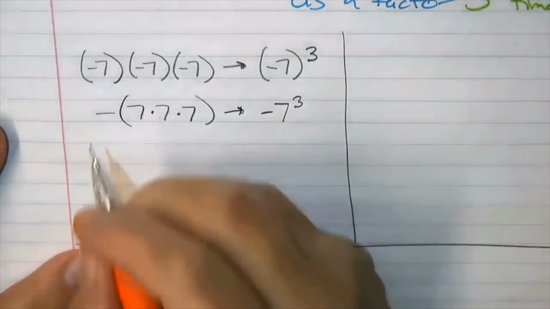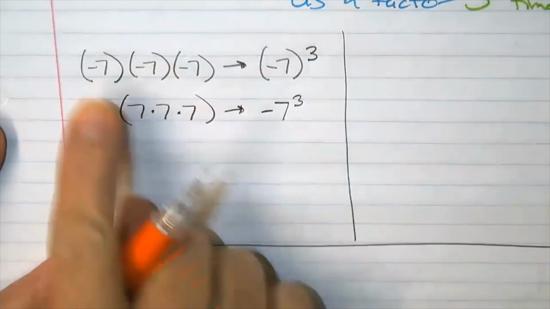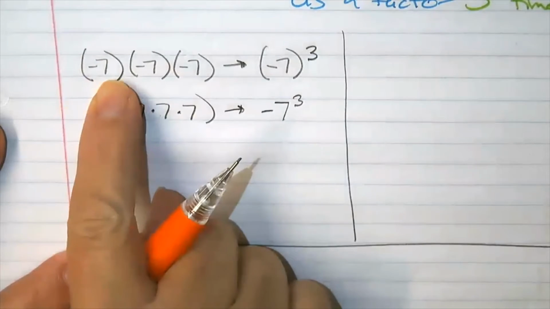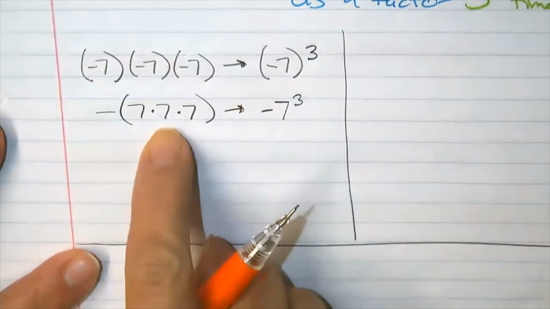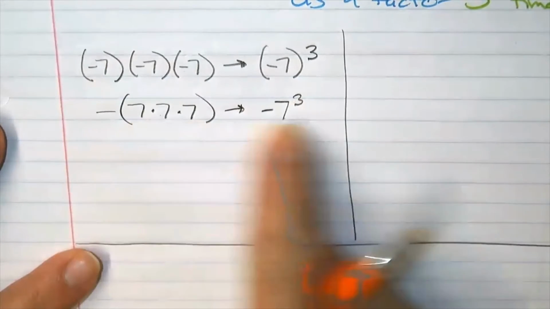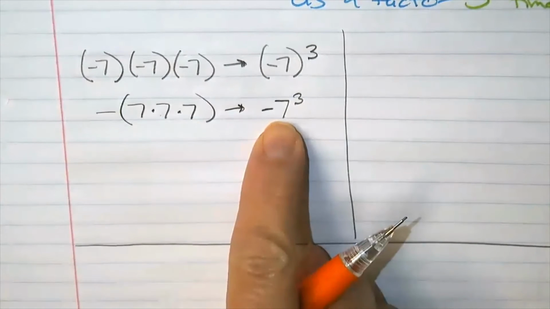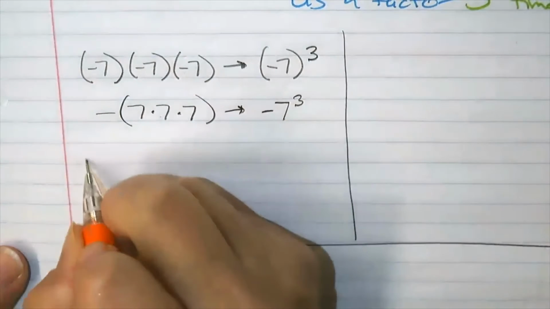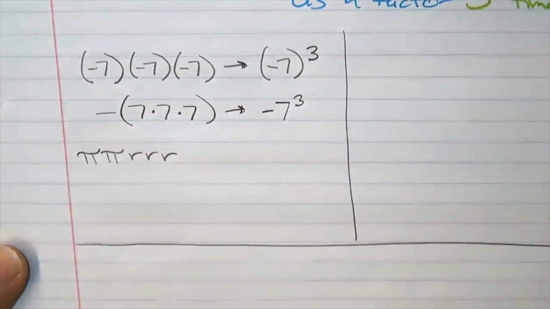So take a look at the differences here and here. This, my base is -7, and it's in parentheses. Here, my base is 7, and the negative is not in parentheses. Okay?